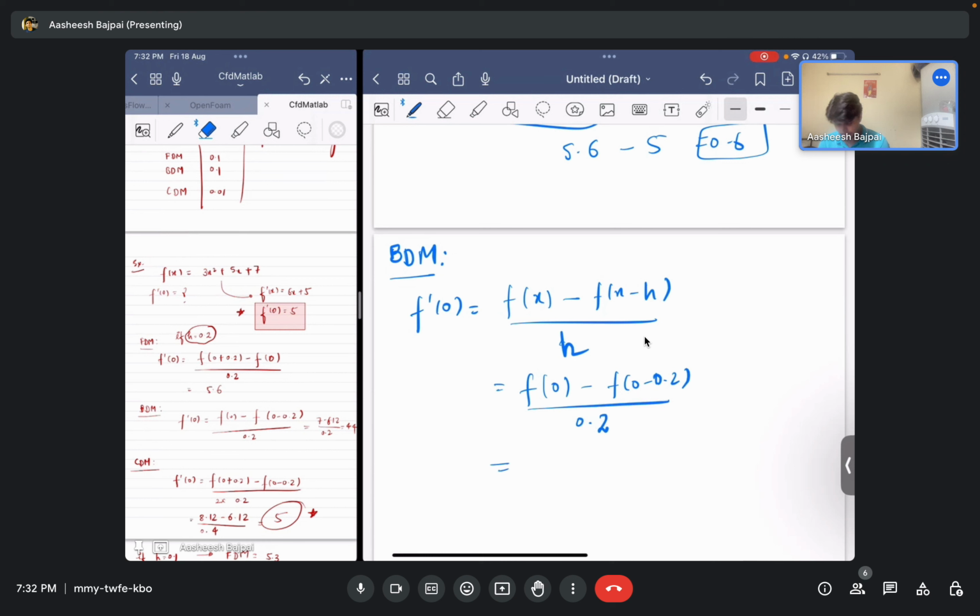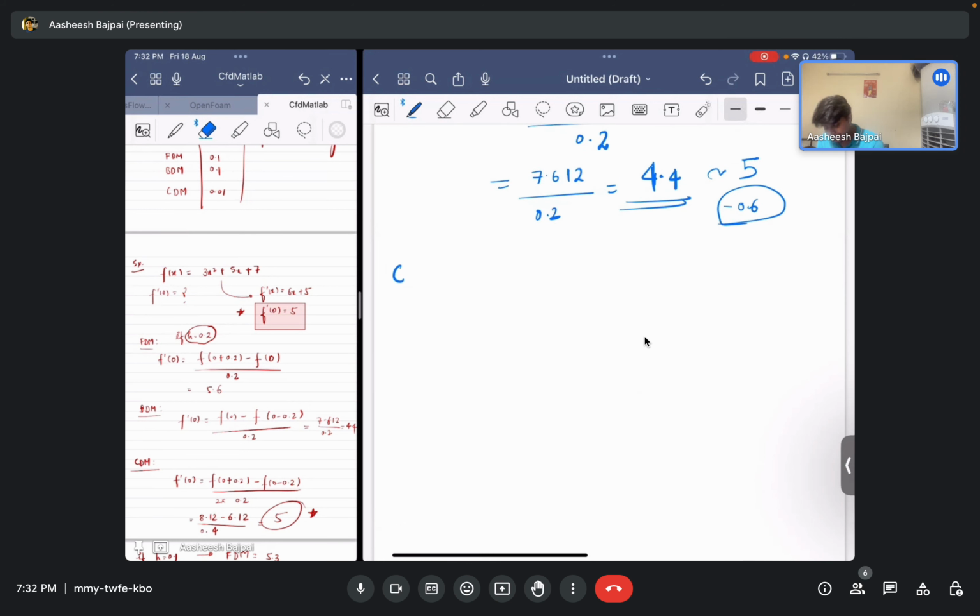So what will be the value here? 7.612 divided by 0.2 is 4.4. So how far is this 4.4 value from the actual value 5? It is a minus 0.6 difference. Okay.